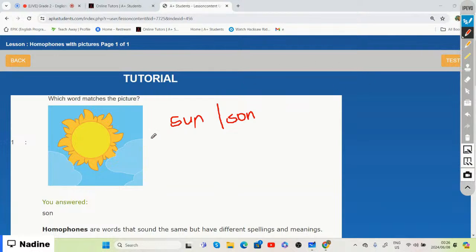So this first word sun, S-U-N, is the sun that rises in the east and it sets in the west. So basically we have sun, the sun that's in the sky. That's S-U-N.